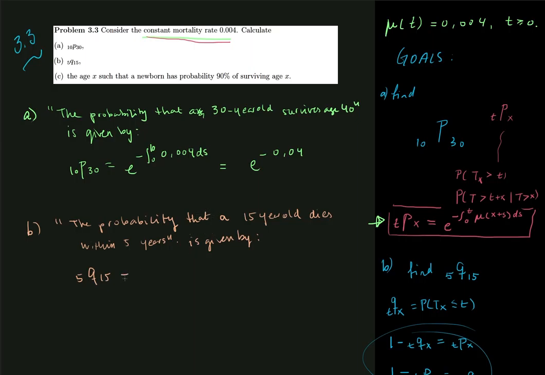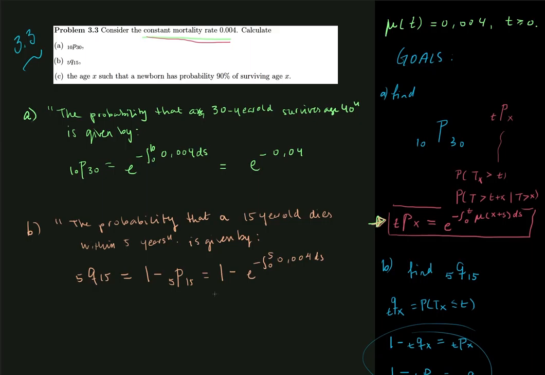This is equal to, as I mentioned before, 1 minus the probability of conditional survival, which is denoted by p, so 5p15, and we have the conditional survival probability again using the formula over here, and that is e to the minus integral from 0 to 5, and again we just plug in the constant mortality rate of 0.004 because it is constant.